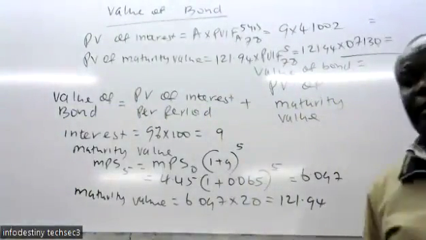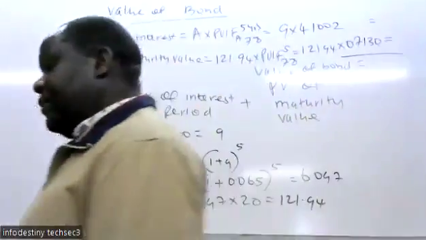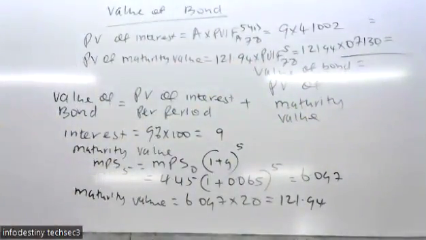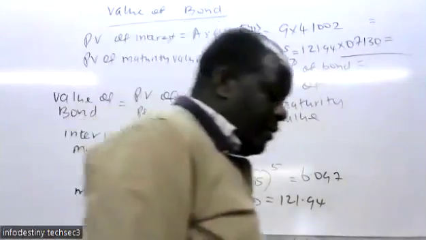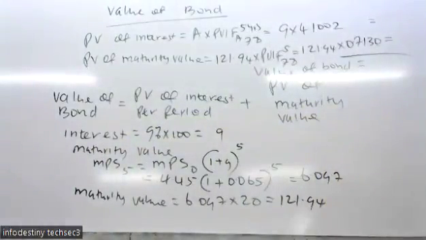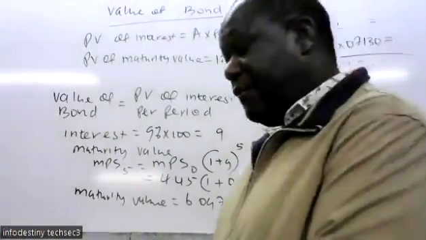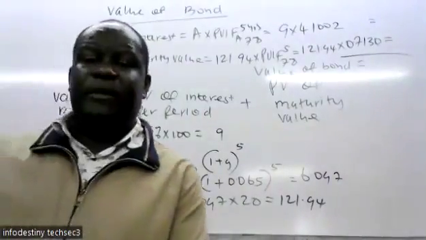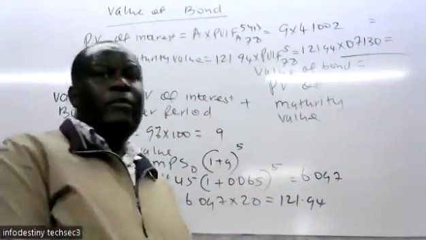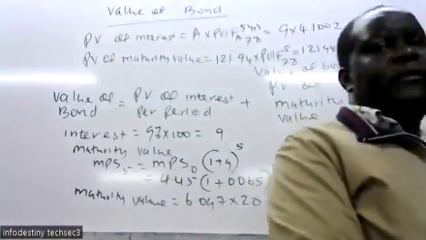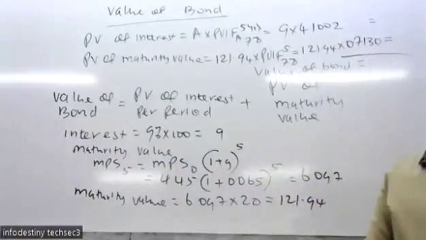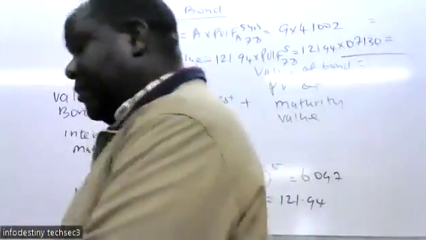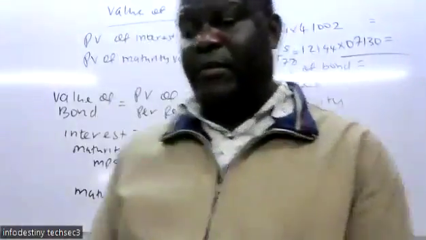We summarize that it is the value of the bond when the maturity value is the same as the par value of the bond.